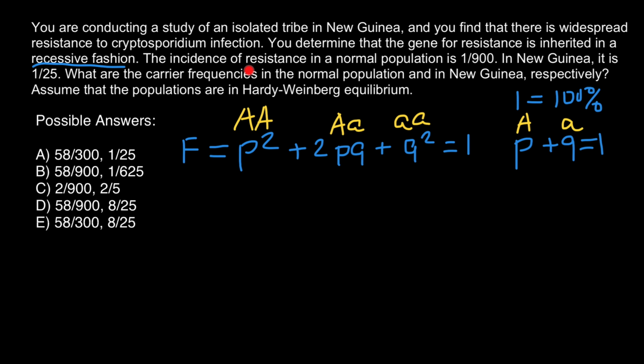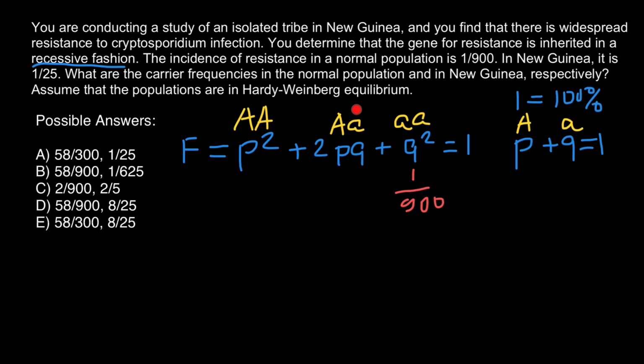The incidence of the resistance in a normal population is 1 out of 900. 1 out of 900 people would belong to this genotype and would be resistant. So let's write down 1 out of 900. So what does this tell us? This tells us the frequency of the homozygous recessive genotype.